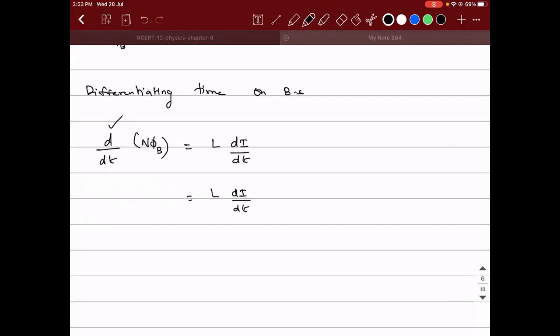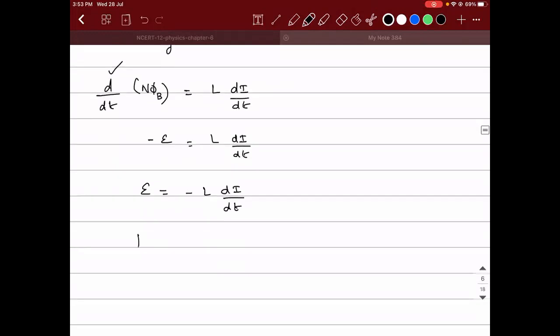Is this not equal to EMF? Yes. Right. So I've taken it as magnitude. Actually, it will be minus E. So E will be equal to minus L into di by dt, and magnitude of E will be equal to L into di by dt. From this, I can write L is equal to EMF divided by di by dt. Is that clear?